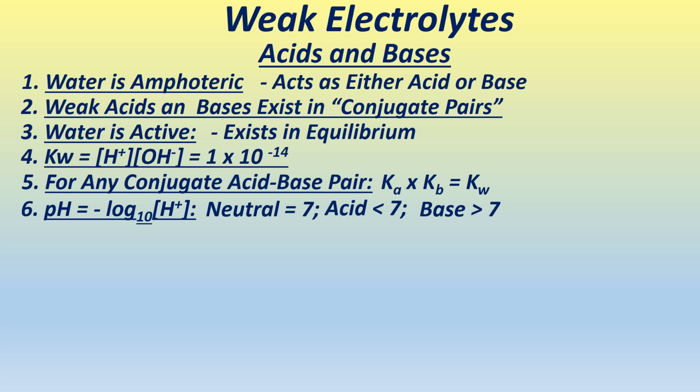If I have a weak acid, it will exist in equilibrium with its conjugate weak base. And for any of these pairs, Ka times Kb is going to be equal to the water dissociation constant. The pH scale gives one a simple way of noticing what one is looking at. A pH of 7 is a neutral solution, less than 7 is an acid, and greater than 7 is a base.